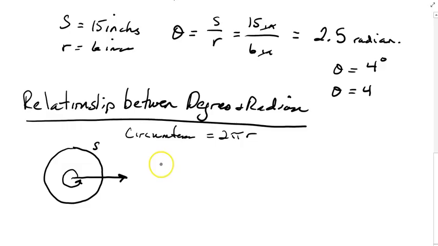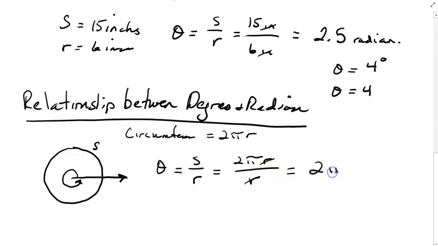So if we start to figure out our angle measure, in radians, we know the relationship is S over R. So we have 2 pi r. Whatever r happens to be doesn't matter. It could be a really small circle, it could be a humongous circle. We're just going to divide by r. You can cancel out the r's, and we're left with just 2 pi.